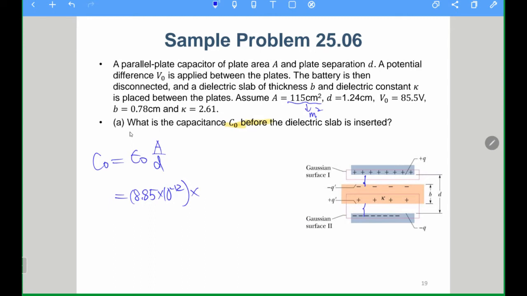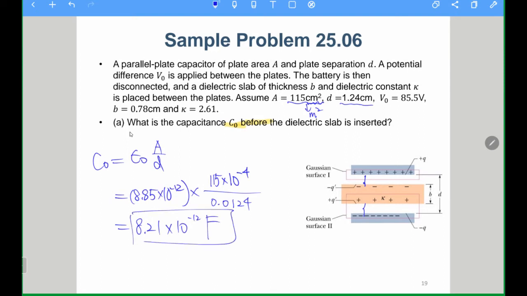So here it is in cm squared, so it should be 115 times 10 to the negative 4th power meter squared. And then all over this one, which is 0.0124. And this number is 8.21 times 10 to the minus 12 farad.